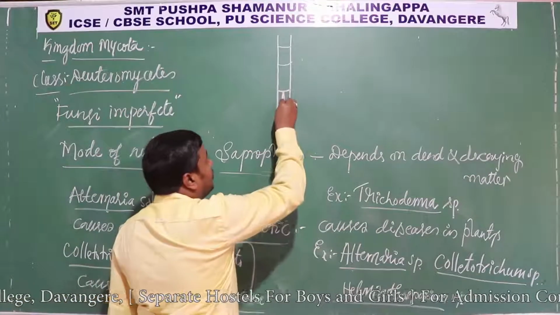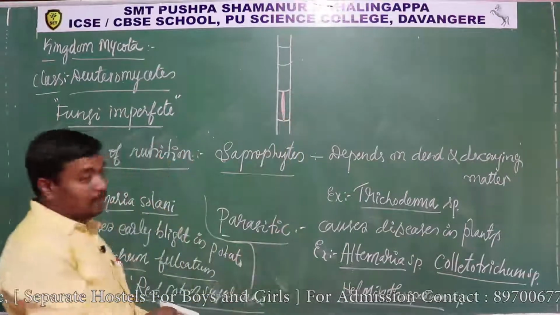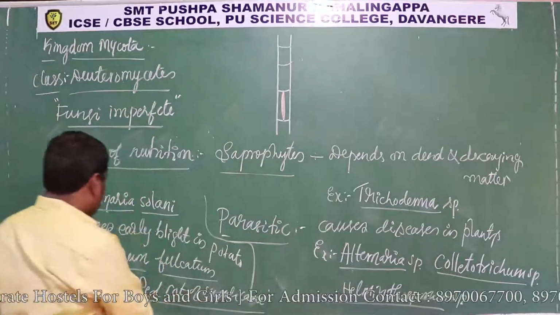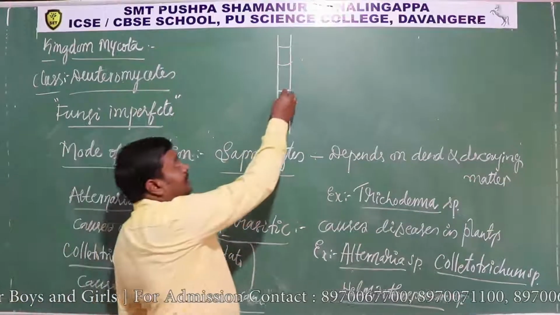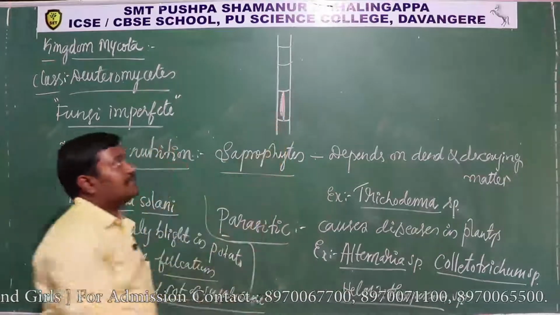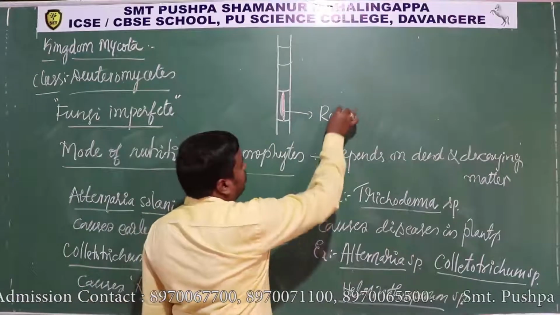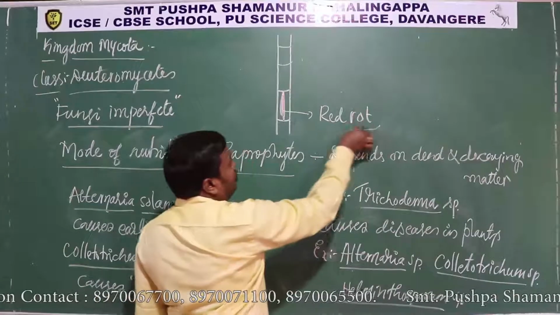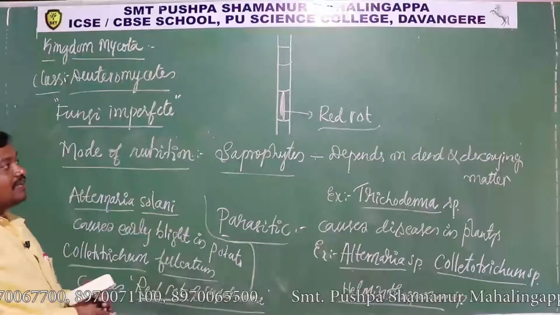Inside, it is all red in color like this. Okay, so this splitting is caused by this Colletotrichum falcatum that causes red rot. You can observe that. Okay, so that is red rot. This red rot of sugarcane is caused by Colletotrichum falcatum.